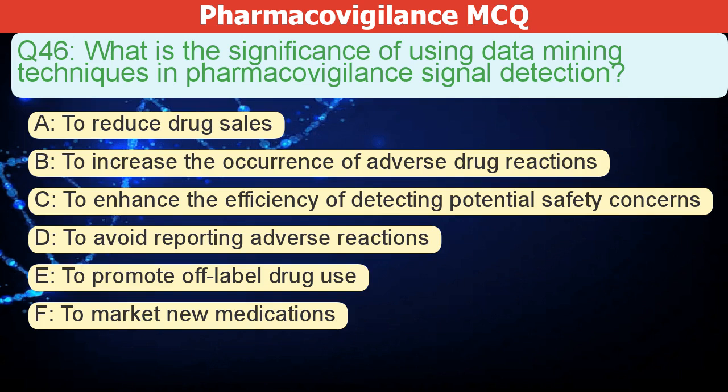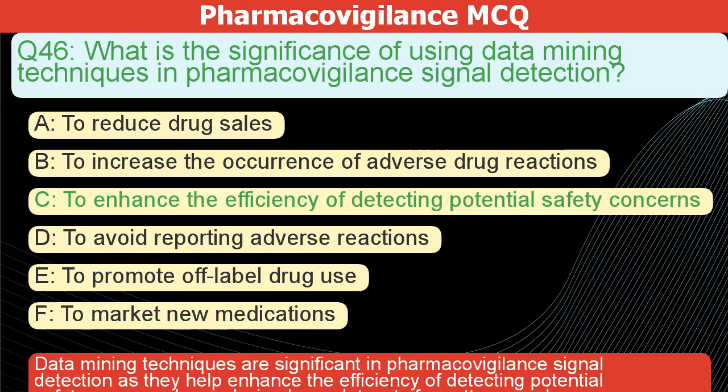F. To market new medications. The correct answer is C. Data mining techniques are significant in pharmacovigilance signal detection. They help enhance the efficiency of detecting potential safety concerns. This is done by analyzing large datasets for patterns and trends. These patterns and trends may indicate previously unrecognized risks associated with medications.